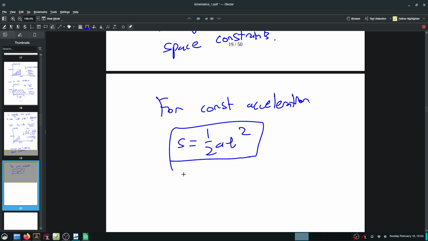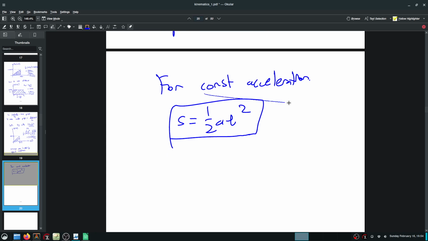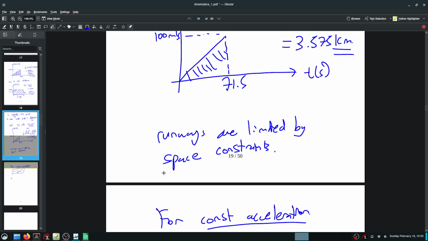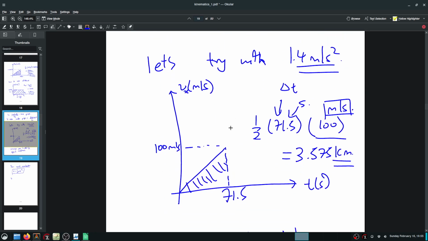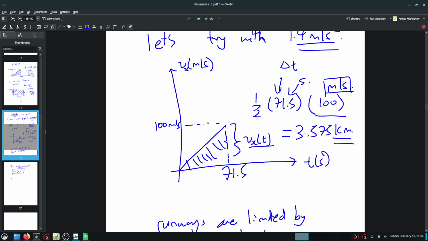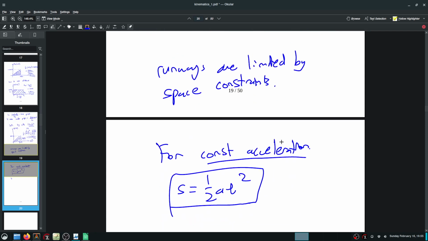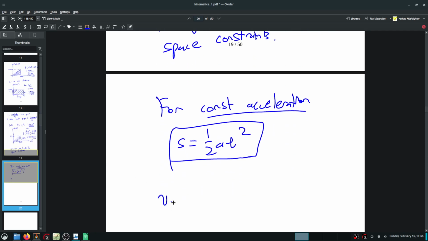Okay, now for constant acceleration, the end velocity here, Vx at whatever time you have, is actually acceleration times time. So Vx at the end time equals acceleration times time.